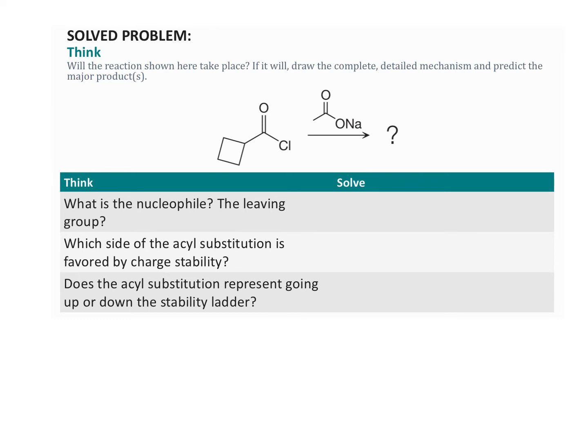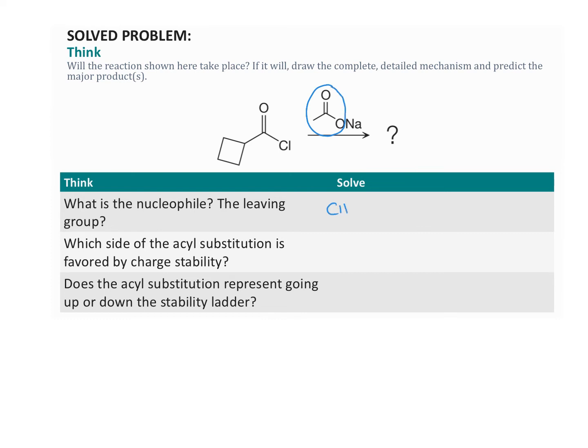Okay, well, so when we look at this, we need to ask ourselves some questions. When I solve a problem like this, I think, okay, what is the nucleophile and what is the leaving group. So the nucleophile here is this right here.